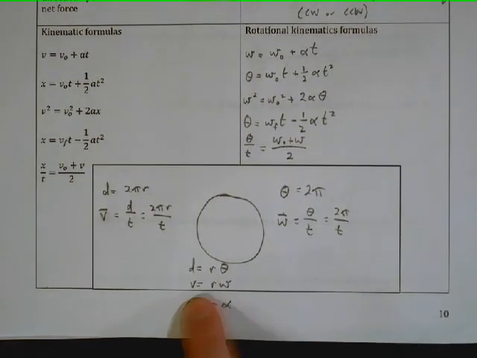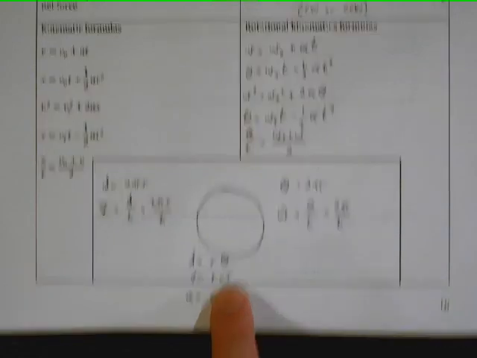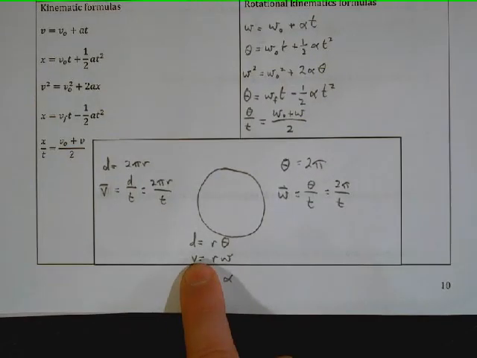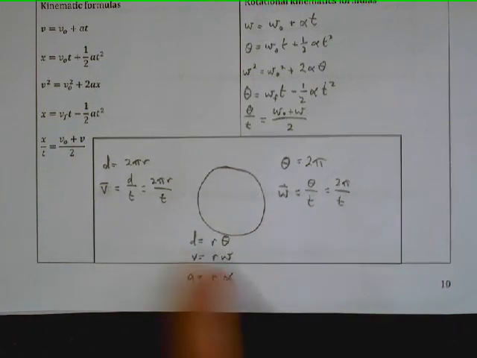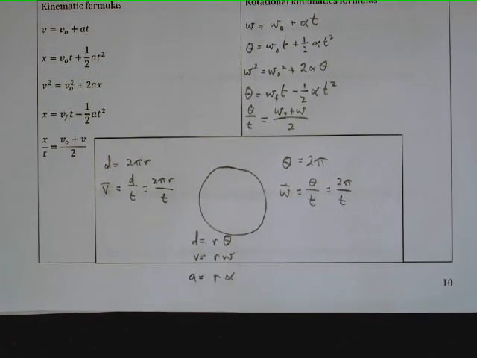So theta times r equals d. Boom. And then once you have that, you can just say, well, d divided by t is v. Theta divided by t is omega. v divided by t is a. Omega divided by t is alpha. Boom. This is going to be your transition from one to the other.